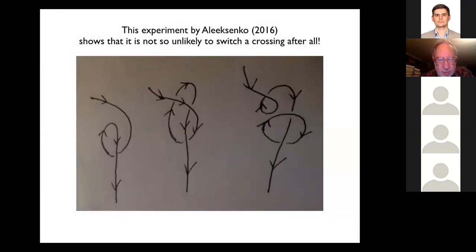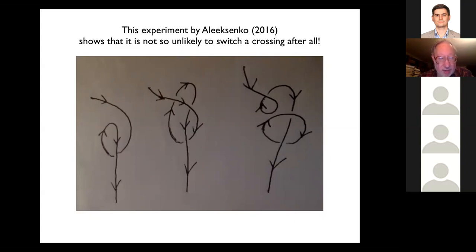Now I'm going to show you a beautiful experiment by Alexyenko, which he did in 2016. Professor Alexyenko is in Novosibirsk, and his work was introduced to me by Renzo Rica a few years ago. And what he shows is a moving vortex that undergoes a reconnection, just like this cartoon I've drawn.